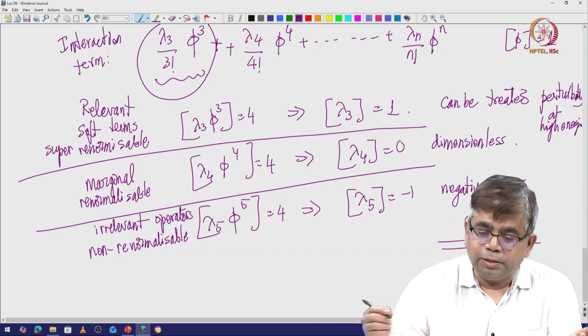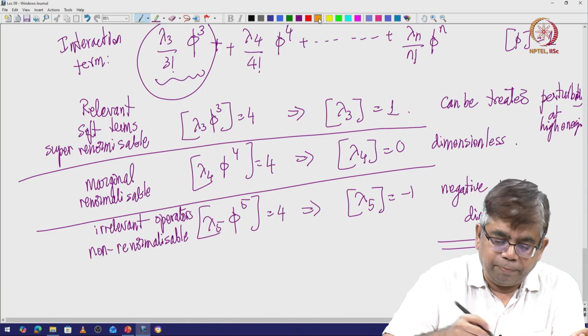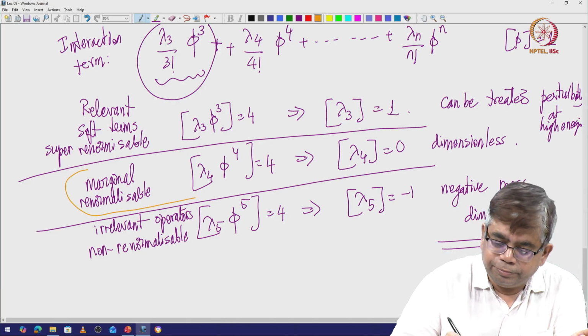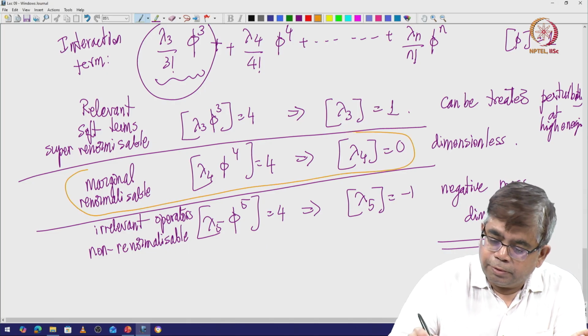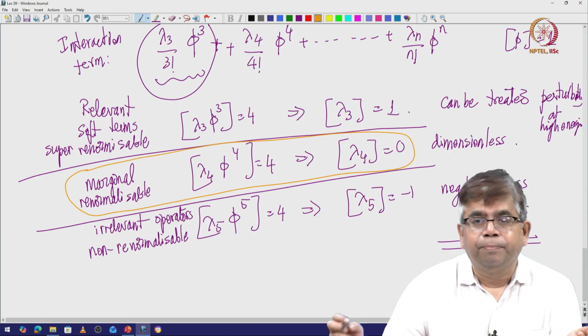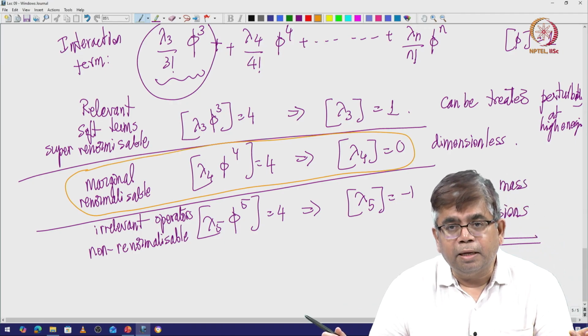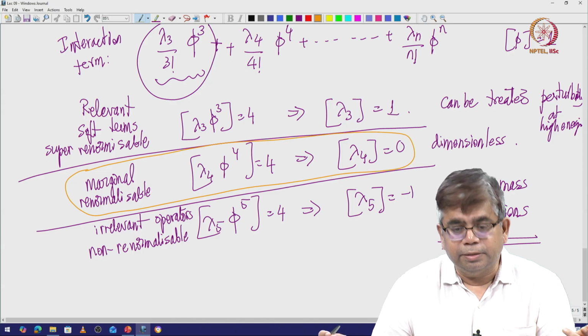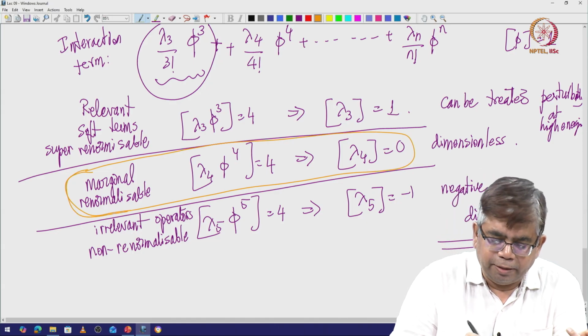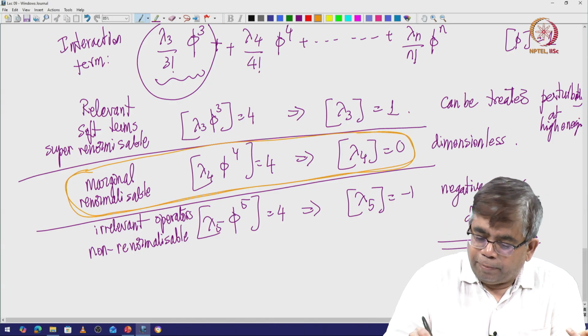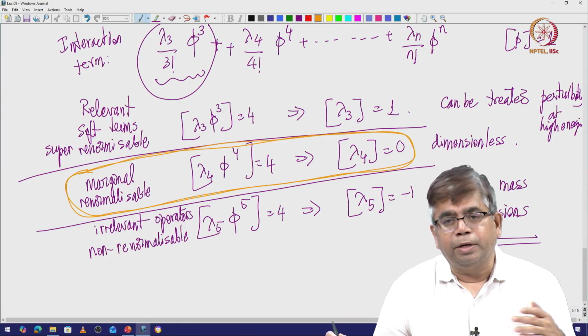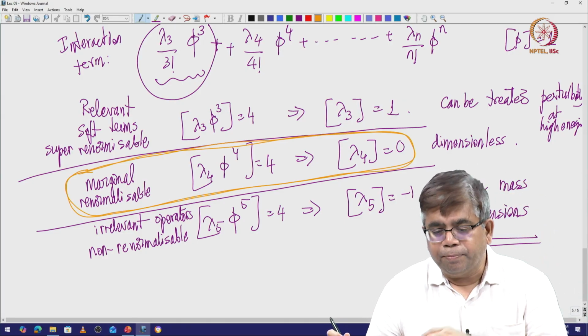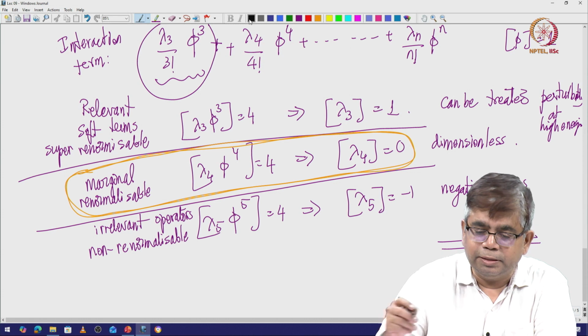So what we will focus on are only these examples, which are marginal and renormalisable sets of operators. Of course we can do the other two also, but these are slightly more involved, so as a first step we will skip the other two cases.